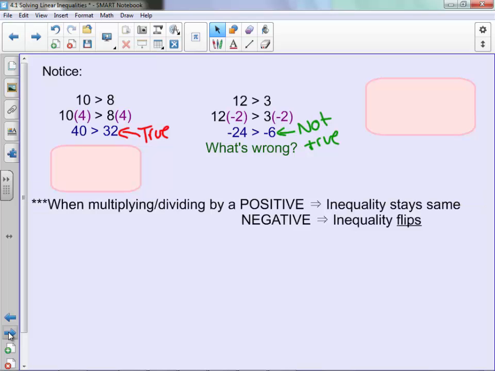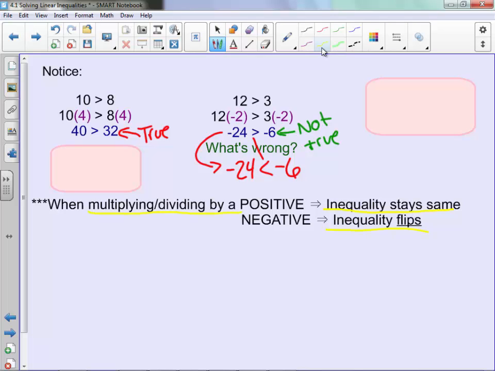So the key thing to keep in mind is when you're multiplying or dividing, it matters if it's a positive, the inequality will stay the same. If it's a negative, you have to flip your inequality. Notice in this case, to make this a true statement, it would need to be like this. Notice the sign has flipped.